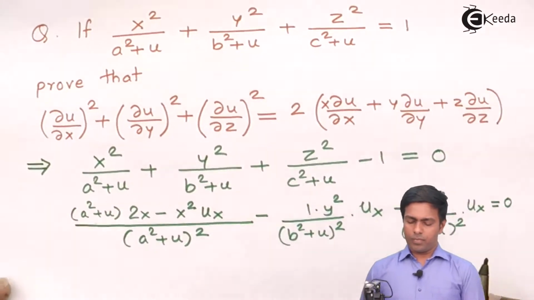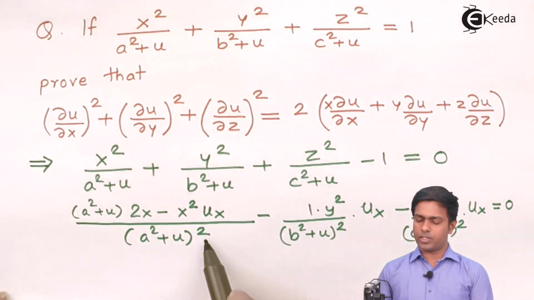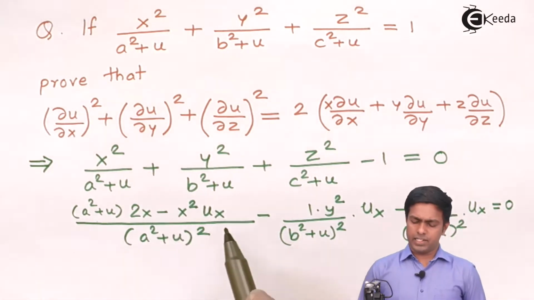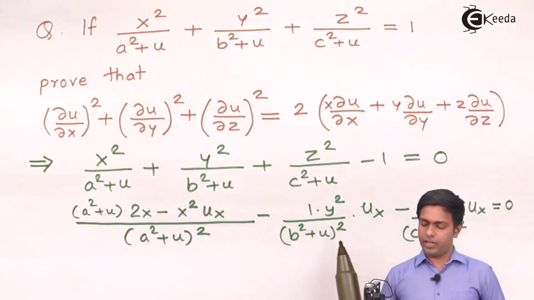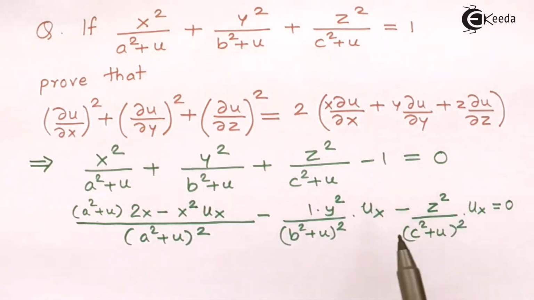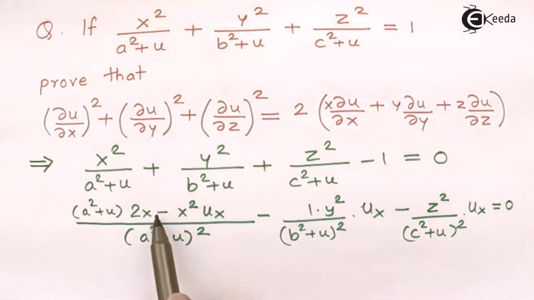Next, if I divide the second term, I'll get x square ux upon a square plus u the whole square, and that is negative. And guys, if you observe, a similar term I'm getting here and here, which is negative y square upon b square plus u the whole square ux, and negative z square upon c square plus u the whole square ux. It means from these three terms I can take ux common, I'll take the negative sign outside, and the remaining terms I'll write inside the bracket.